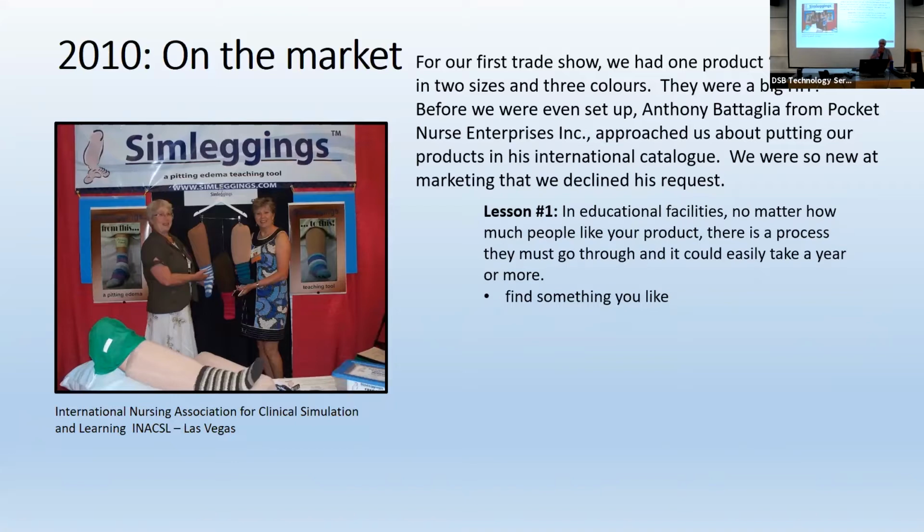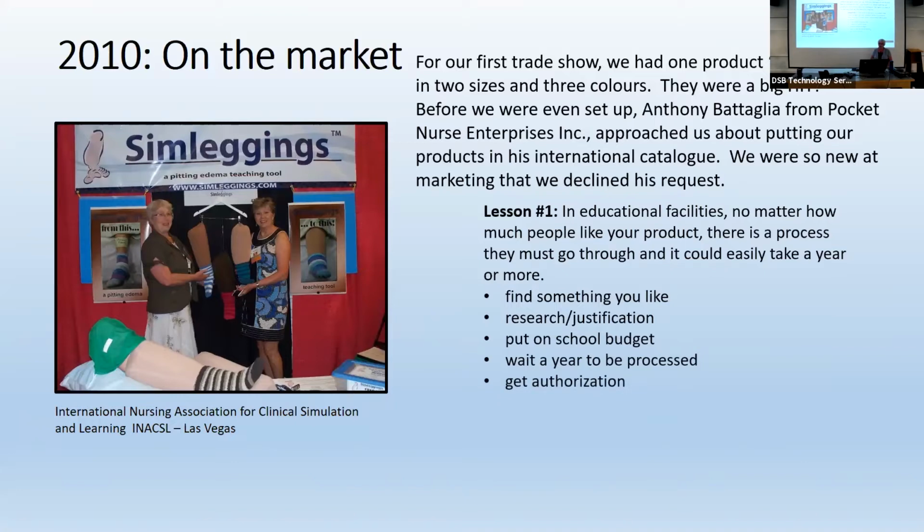But what we learned is that with educational facilities, no matter how much people like your product, there's a process they must go through, and it could easily take a year or more. You find something you like, you research it, write up your justifications for it, you put it on the school budget, there's the kicker.